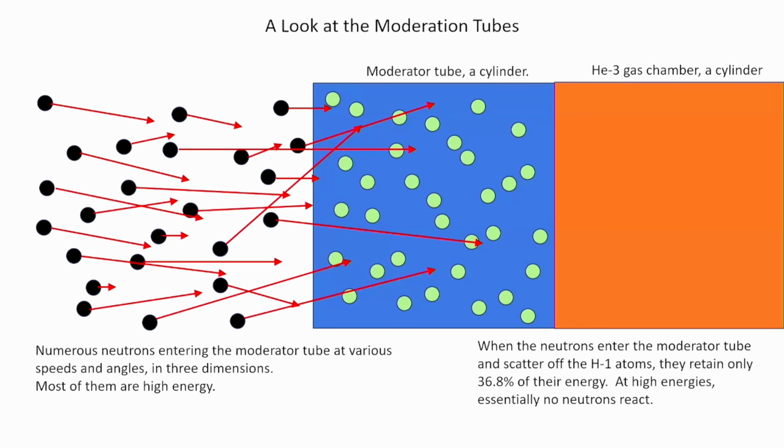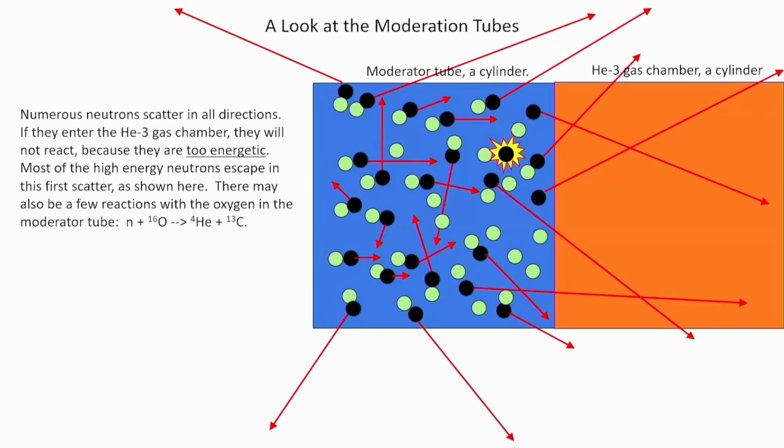atoms. Now, when they do scatter, they only retain about 37% of their energy. At high energies, essentially no neutrons are going to react. So here they are scattering in all dimensions, in 3 dimensions, in the He3 gas. If they do enter the He3 gas chamber, like you see here, they're not going to react.